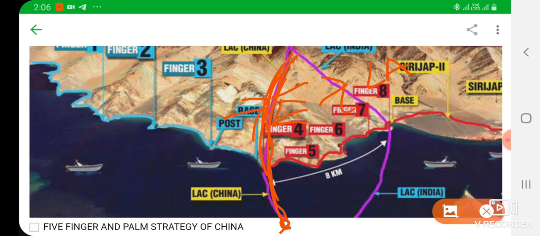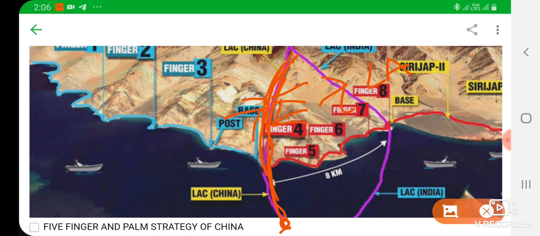For attaining that strategy, they will be grabbing these kinds of small lands from us, and finally they will achieve the five finger and palm strategy. Regarding the five finger and palm strategy, we will be discussing it in the next class.